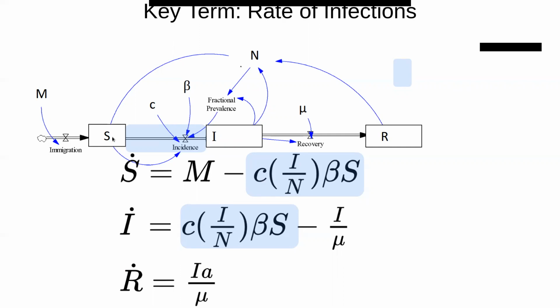And so if a given susceptible has contacts with 10 people per day and half the total population is infective, so this is 0.5, then that susceptible will come on average into contact with 5 infective people per day. You have a total of 10 contacts per day, but only 50% of them are with infectives.